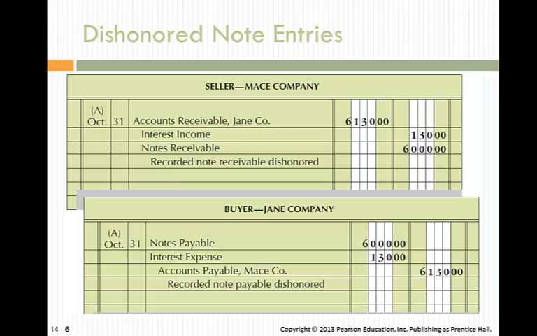On Jane's and Mace's books, the amounts in notes receivable and notes payable will then be removed and transferred back to accounts receivable and accounts payable because the note has reached the maturity date. At the same time, whether the note is paid or not, the interest is still due and payable and should be recorded. For Mace Company, this is interest income, and for Jane Company, it is interest expense.